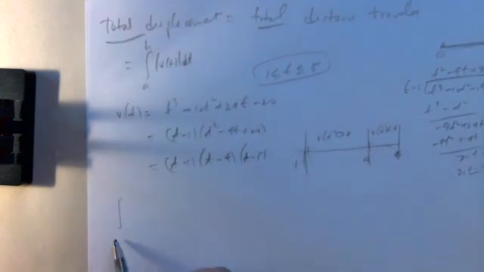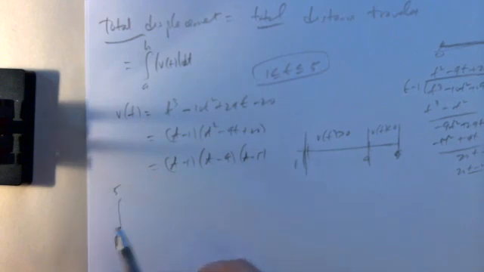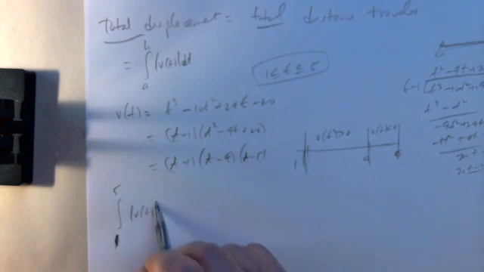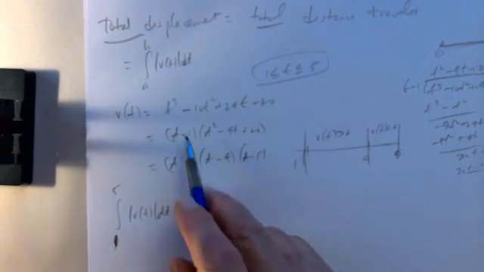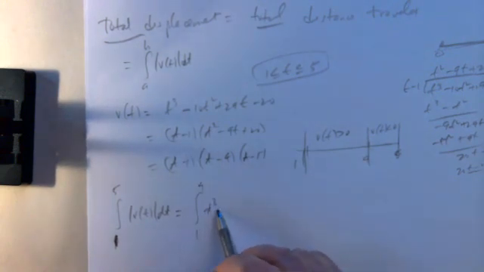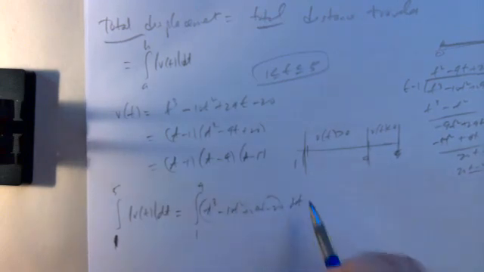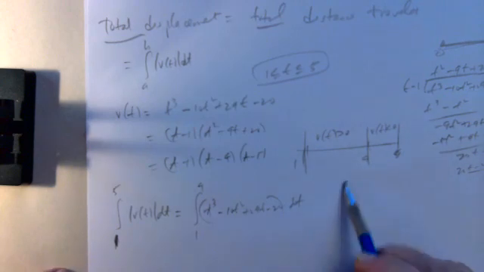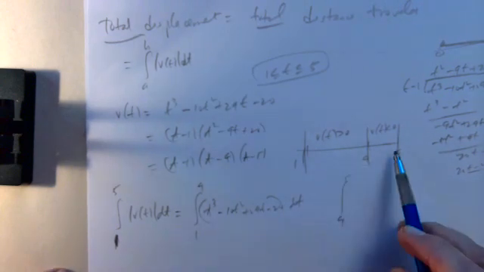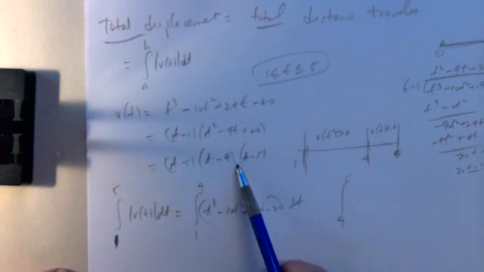So if I want to integrate from 1 to 5 the absolute value of v of t, this is the integral from 1 to 4 of v of t, because it's positive there. And from 4 to 5, it's negative, so I want to integrate minus that.